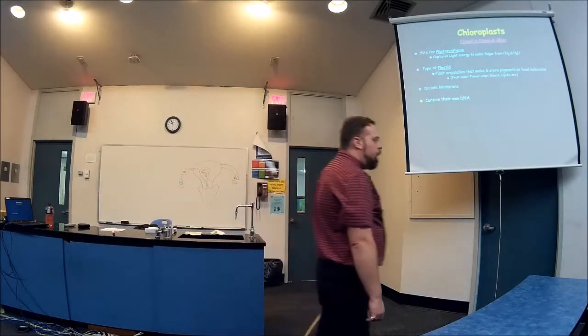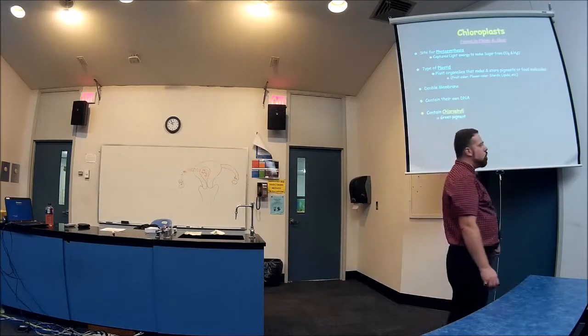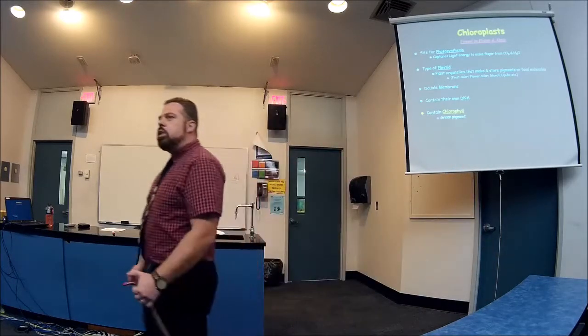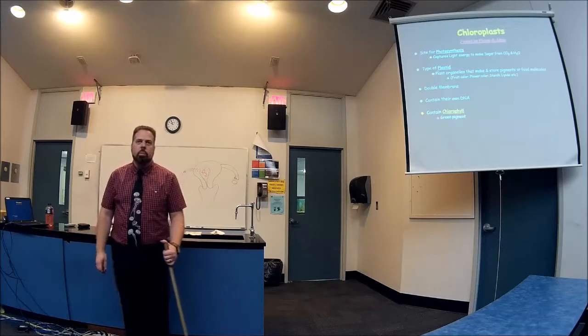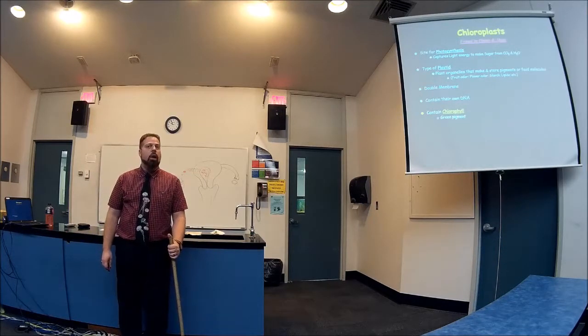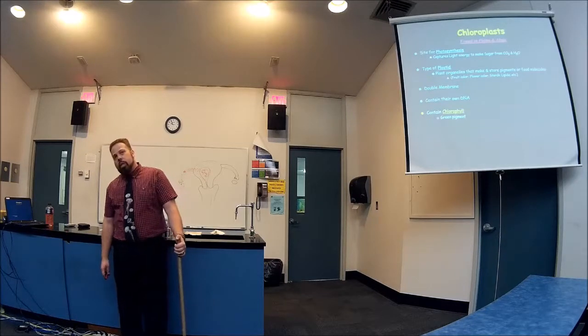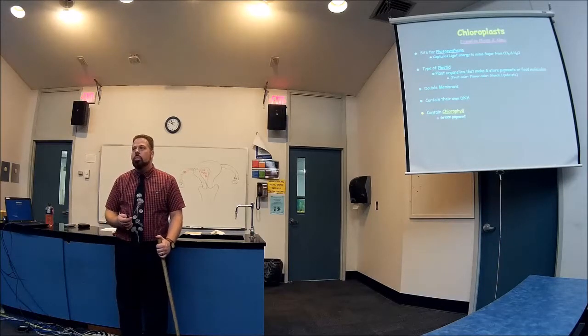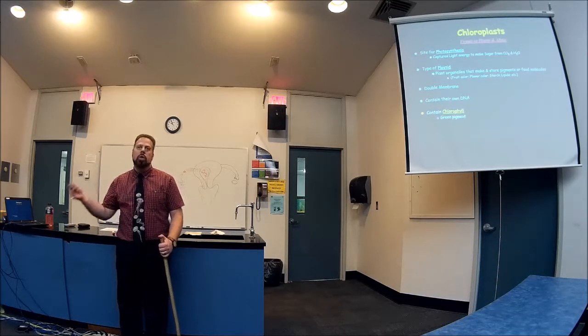Contains its own DNA and contains chlorophyll, which is this green pigment. So it's very similar to mitochondria. The only thing I want to say is that plants have mitochondria and they have chloroplasts. Chloroplasts make the food, the mitochondria will take the food and turn it into ATP.